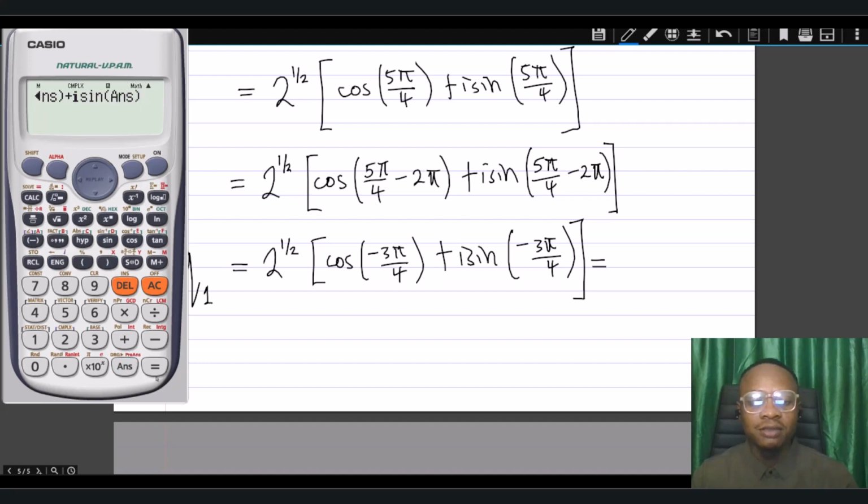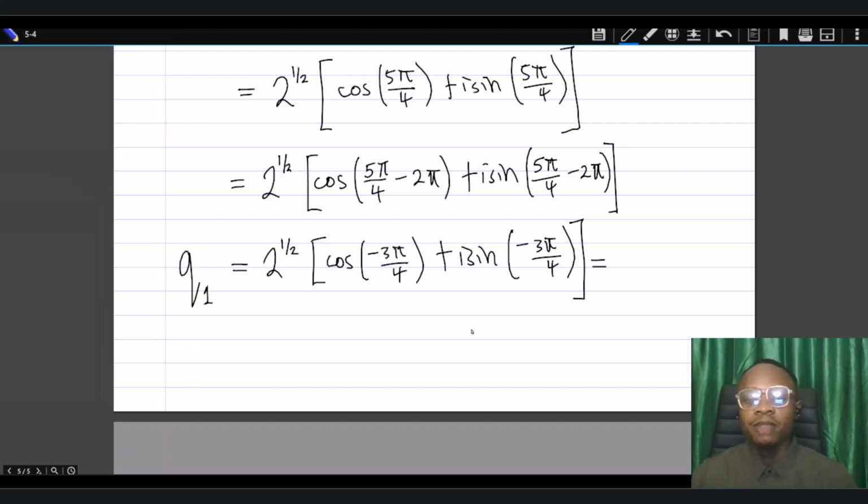So this is root 2 times minus root 2 over 2, then minus root 2 over 2. We know 2 to the power of 1 over 2 itself is root 2. So when we multiply this by root 2, we get 2 over 2, which is 1. This also gives 2 over 2, which is 1. So this is minus 1 minus i. So right here, this tells us that the second root is minus 1 minus i, which is expected because that will be the negative of the first square root.